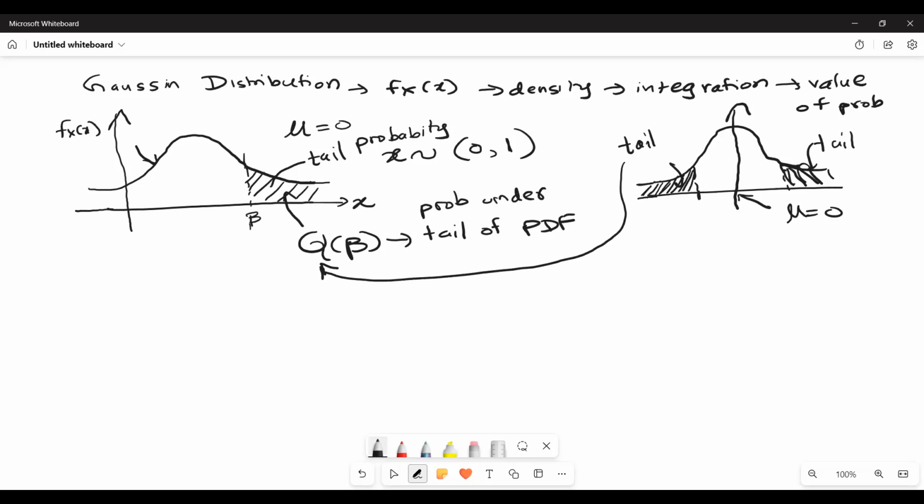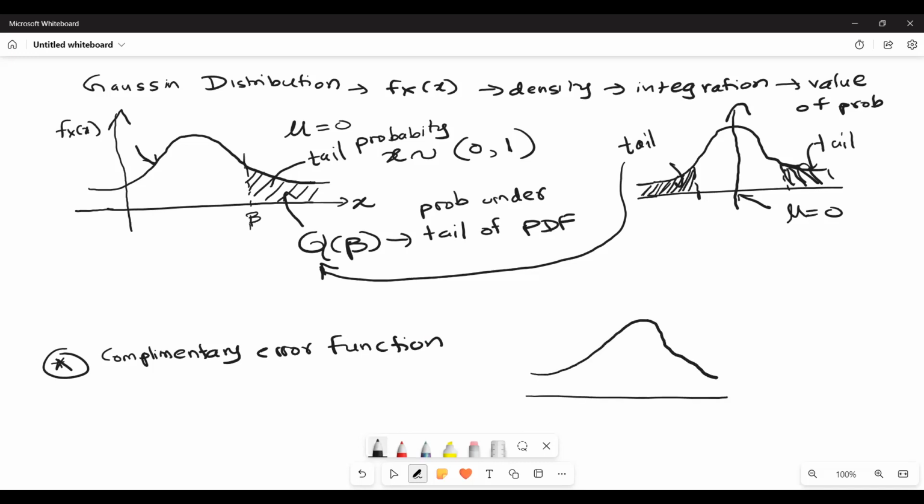And secondly, we use the error function or complementary error function to find the probability of an event occurring between two variables, right?